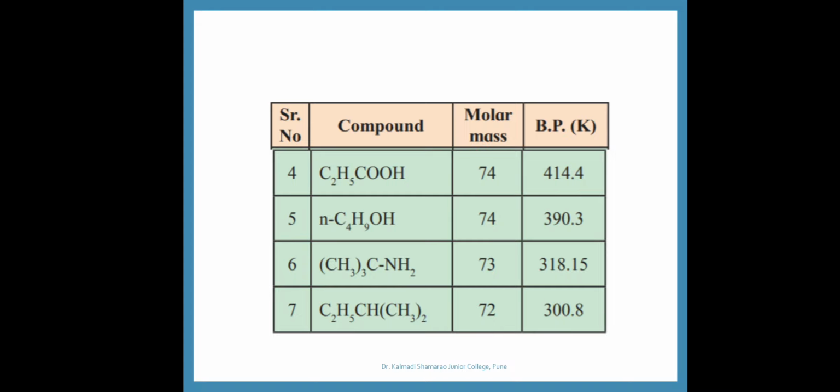This can be given in tabular form. The boiling point for the acids is more than that of alcohol, alcohol more than that of amine, and amines more than that of alkanes.